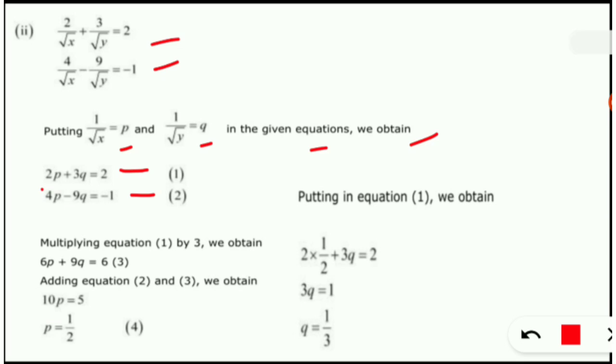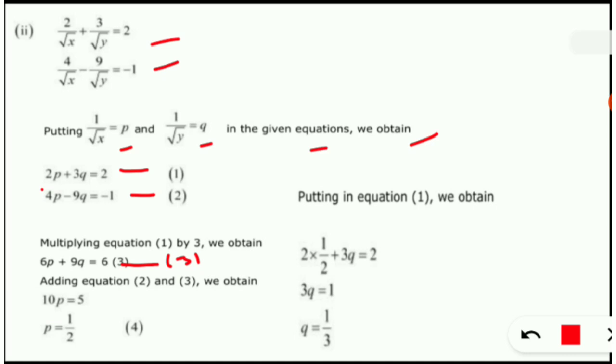Now multiplying equation 1 by 3, we obtain 6p plus 9q equals 6. This is equation 3.